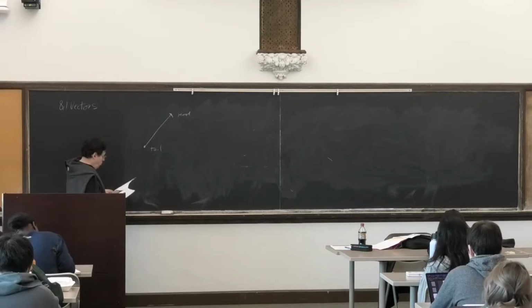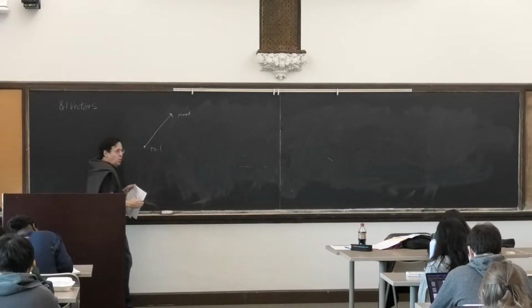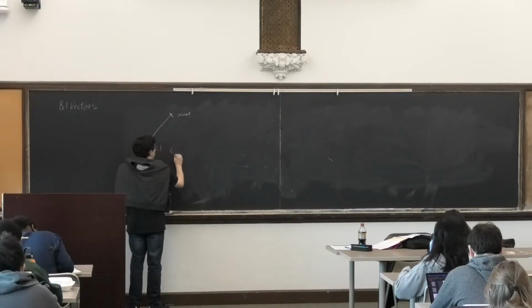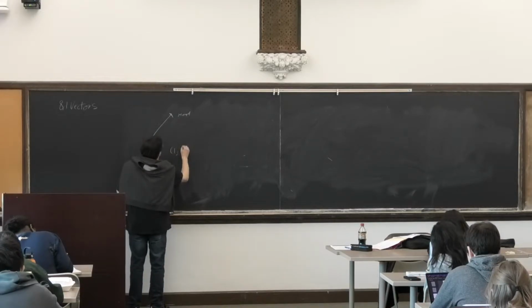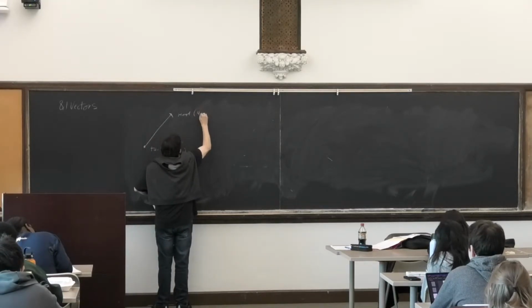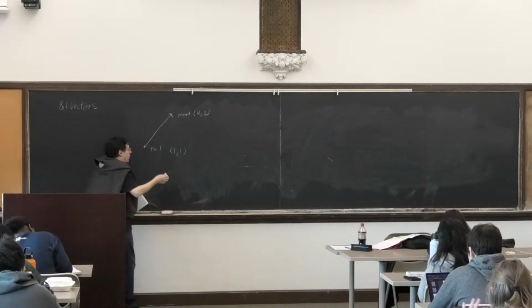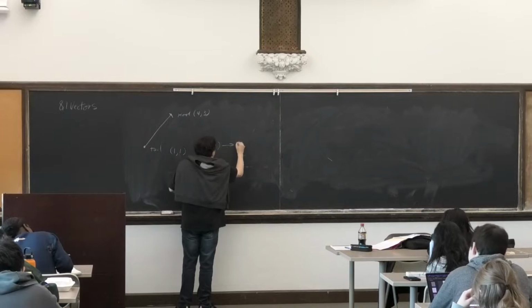And so we can represent this vector by a set of points. Let's call this (4, 3). Another way to represent this algebraically would be to just write the points and put a little arrow between them.